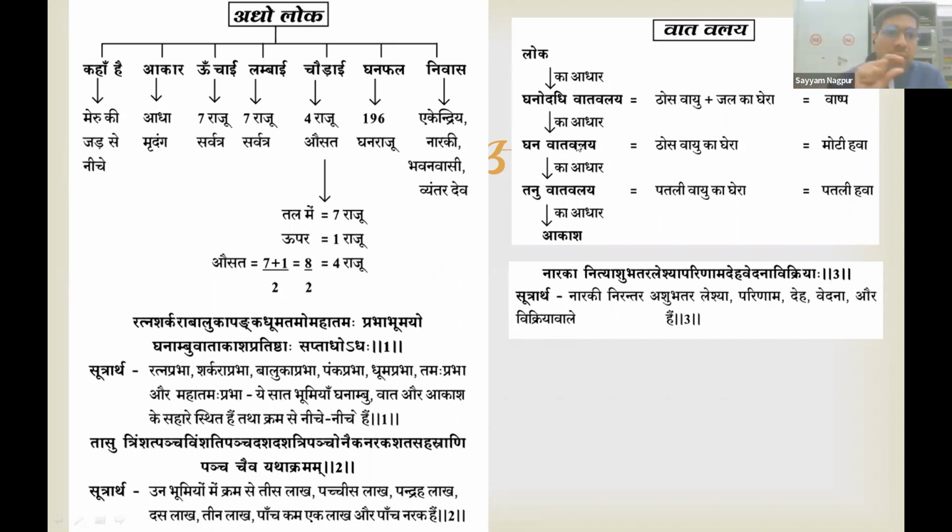Above that is a layer of air which has dense air. And then above that is a layer where there is dense air with water vapor. And these three Vatvalayas are there after each land of Narak Bhumi. So 6 Vatvalayas in between 7 lands. Okay.